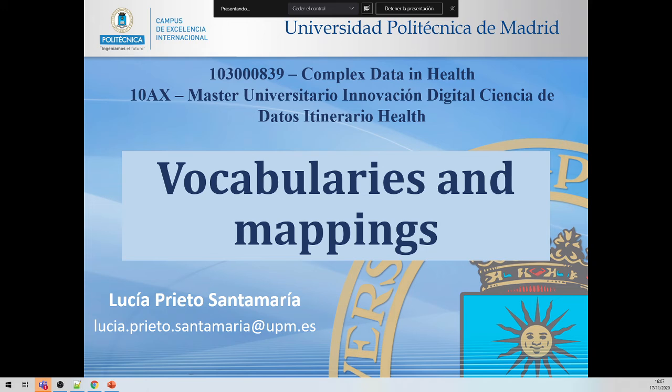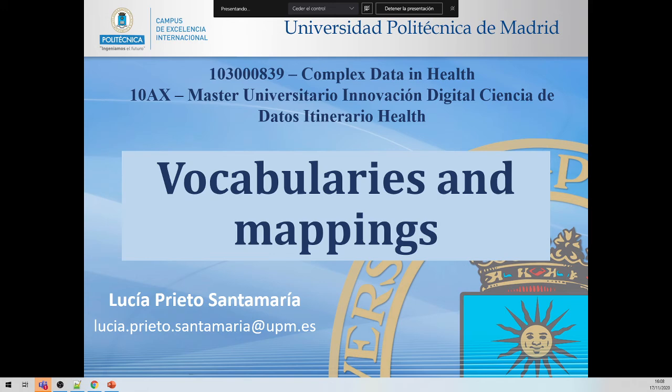We can have them to report some conditions, for more administrative issues, some management things also, to classify and explain diseases, to define treatments, for example. So we can have some protocols when giving medication to patients. All of these are vocabularies and mappings.